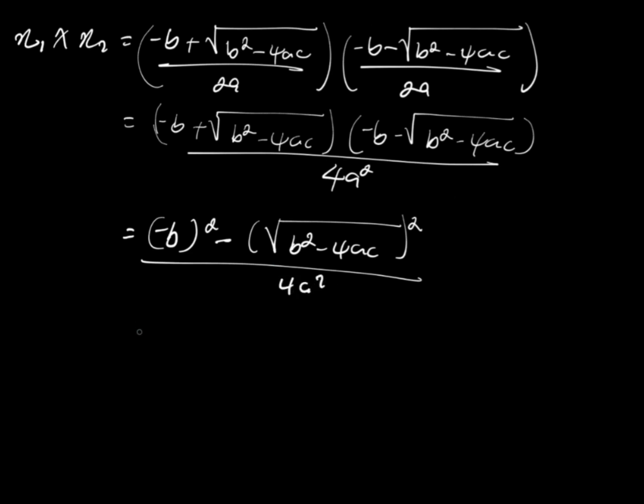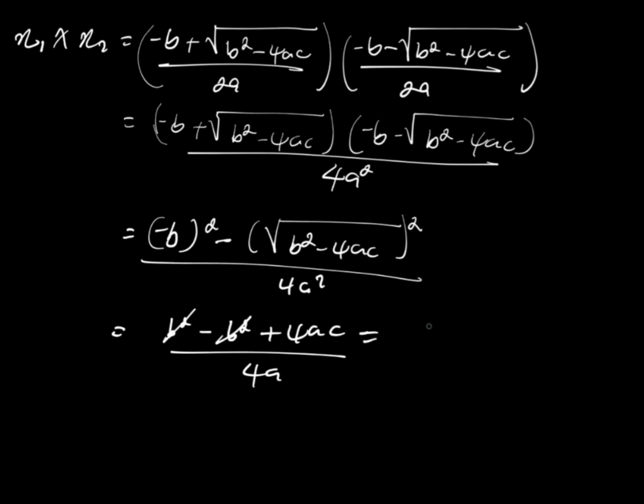Having done so, I'm going to have b squared minus, remember this, the squared will cancel with this, and therefore we are going to have here minus b squared plus 4ac divided by 4a.